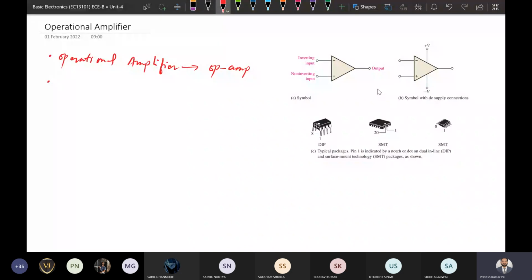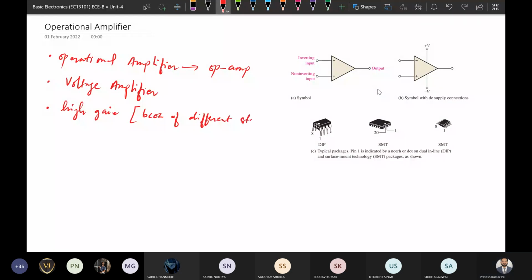These operational amplifiers are nothing but a voltage amplifier. They have a very high gain. This high gain is because of the different stages of the operational amplifier. An operational amplifier is not a single stage amplifier.